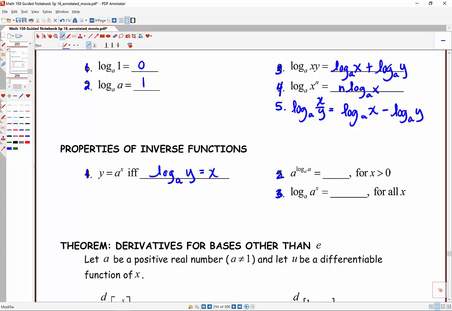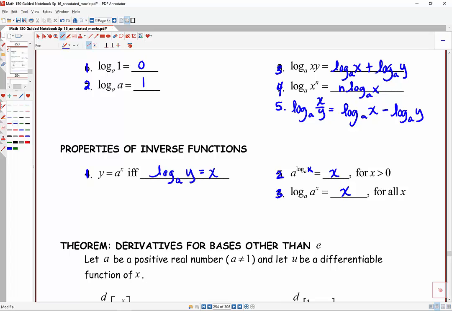And again, the exponential base a and the logarithm base a are inverses of each other, right? This one I meant to have an x inside there, so if you can change that, that'd be great. And so here you're just going to get x because you're evaluating a to the logarithm base a, so you get what's inside the log. Similarly here, you're evaluating log base a at a to the x, so that x is the result.